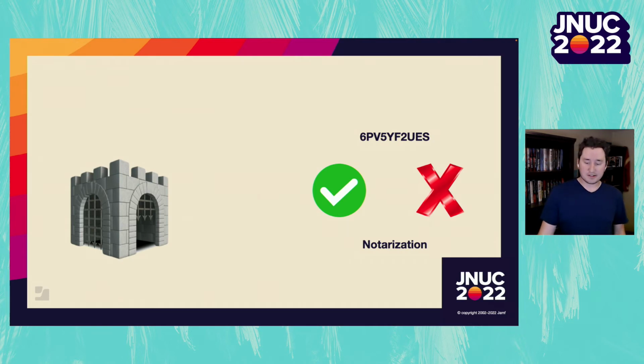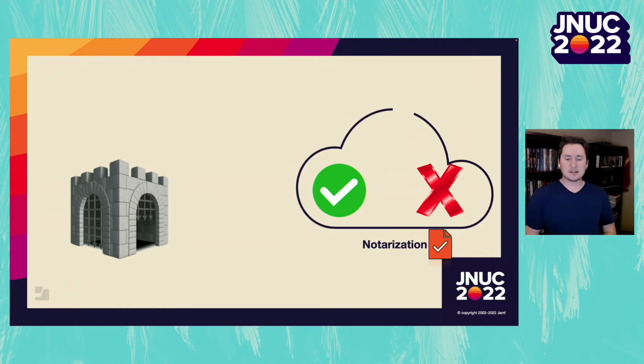But now Gatekeeper checks to see if our software is notarized. Now you need internet access for this, but if you go ahead and double click it, Gatekeeper does a check. During the development process, you actually have to get notarization on your app. Basically, you get different things like a secure timestamp, and Gatekeeper then checks to see if your application has been notarized.